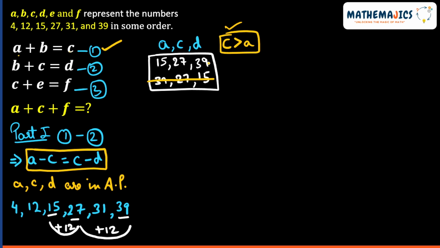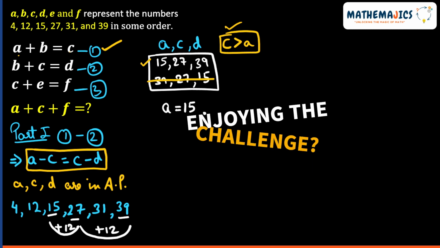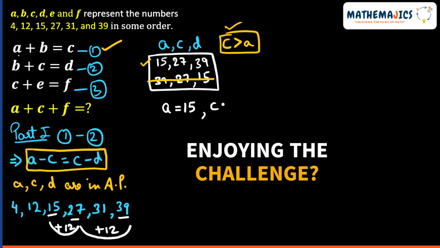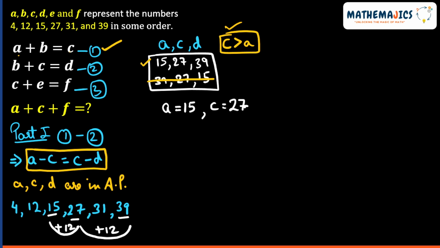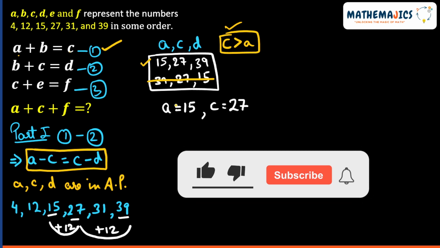So the only applicable triplet for A, C, D is 15, 27 and 39. That means the value of A will be 15 and the value of C will be 27. So this is the value of A and C.